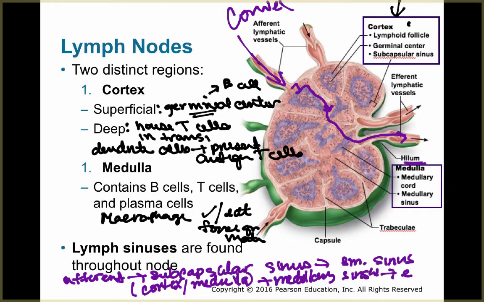Finally, out the efferent lymphatic vessel at the hilum here.